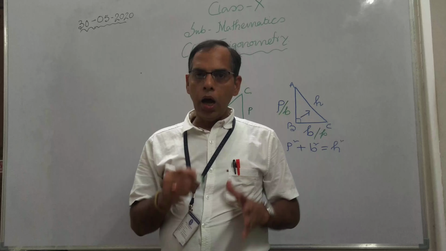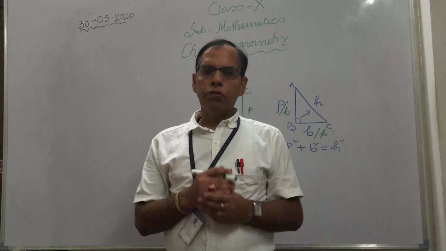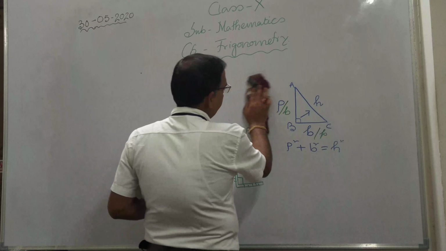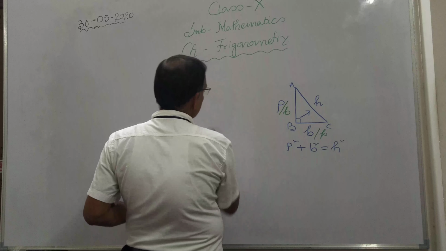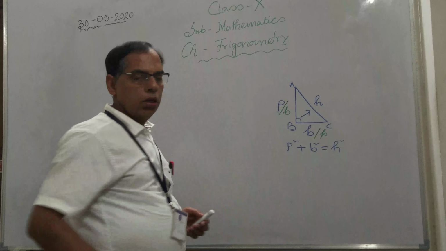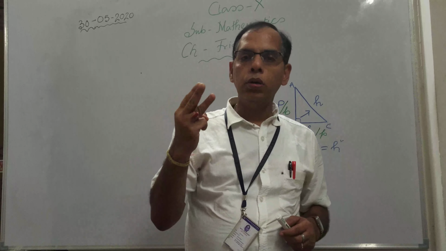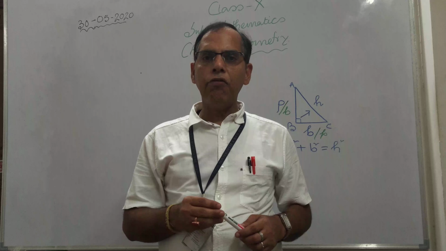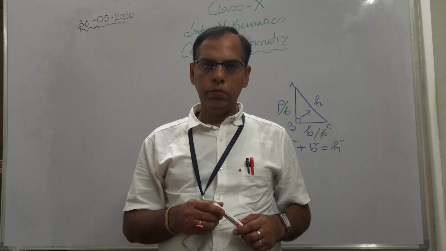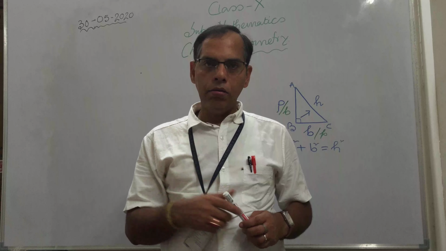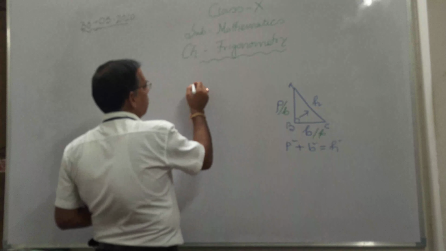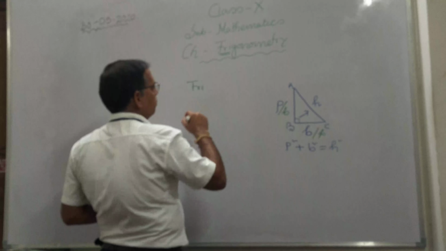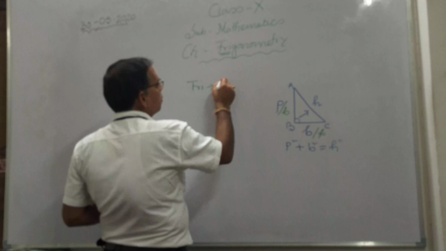Okay? Now, what is the meaning of trigonometry? Very, very interesting thing is that trigonometry consists of three words. Those three words came from Greek. Tri, as you can see, tri. What is the meaning?